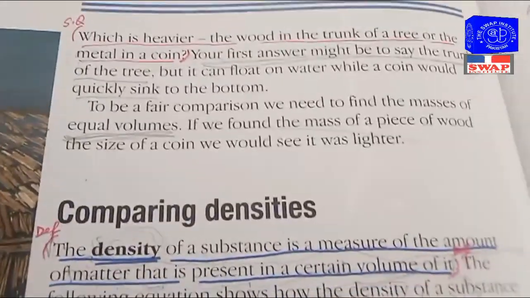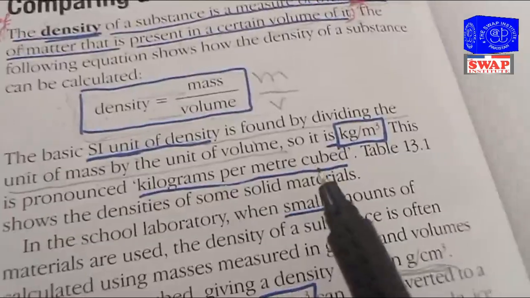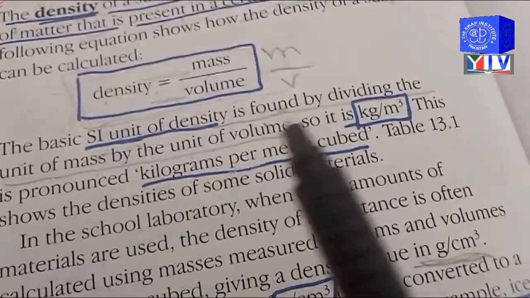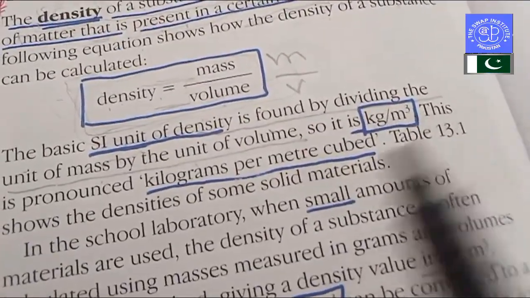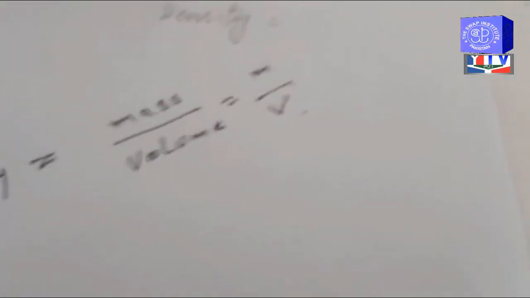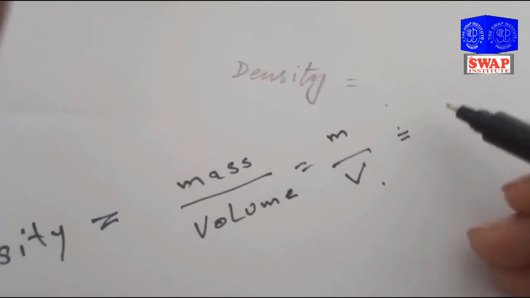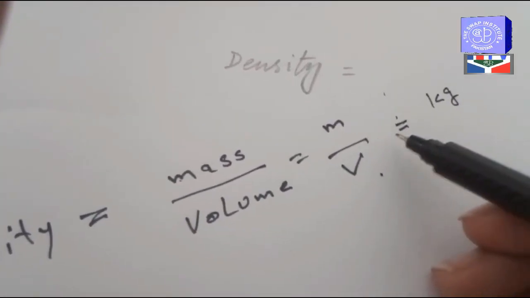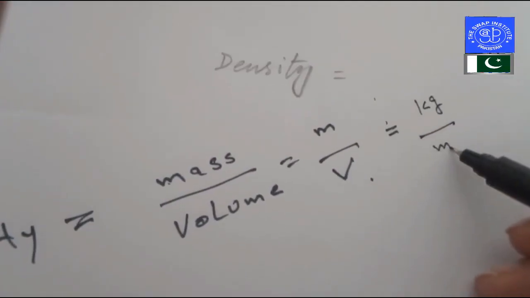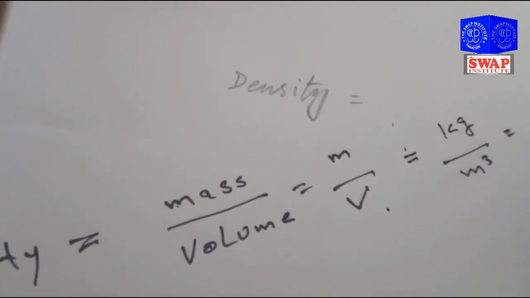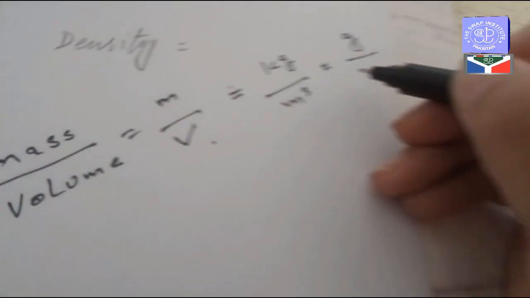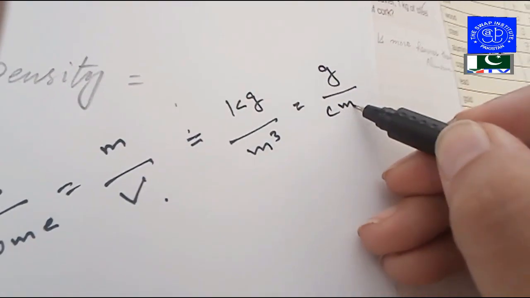When we measure any quantity, we always have its unit. The basic SI unit of density is found by dividing the unit of mass by the unit of volume. We know from the previous equation that mass over volume is equal to density. We always measure mass in kilograms and volume in meter cube, or mass in grams and volume in centimeter cube.